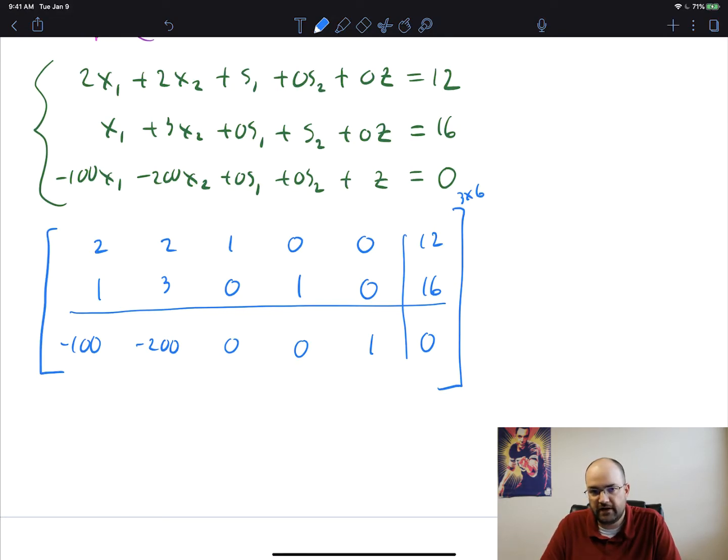At this point, we need to find the pivot, which means we need the pivot column first, followed by the pivot row. To find the pivot column, we look at the indicators, and of the 4 indicators, the most negative is negative 200. So that means that this column is the pivot column.